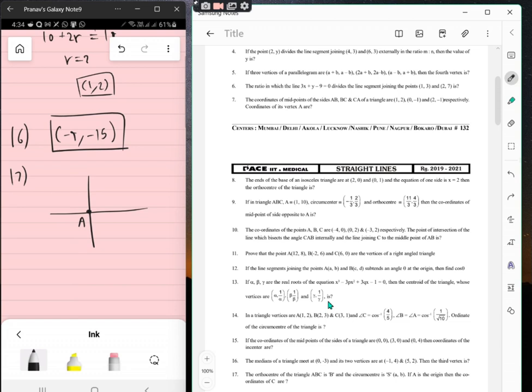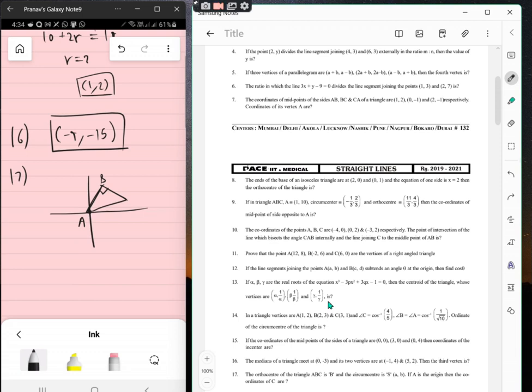They say the orthocenter of ABC is B. Wait, but B is also a vertex. Oh, that makes sense. B is over here, and this is also the orthocenter. That means it's 90 degrees there. Next, they tell that circumcenter S is A comma B. Then the coordinates of C are.